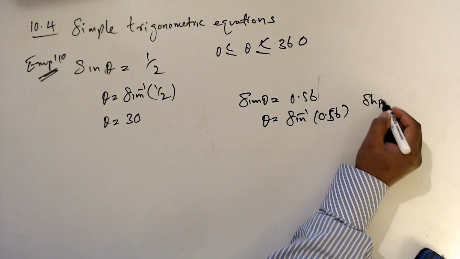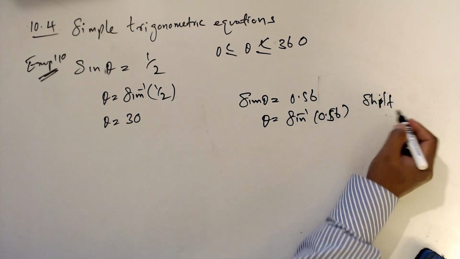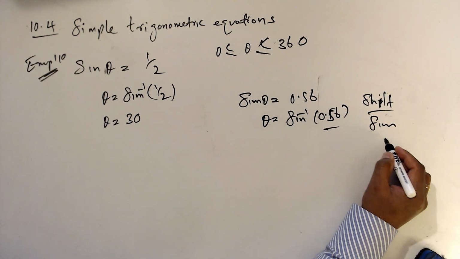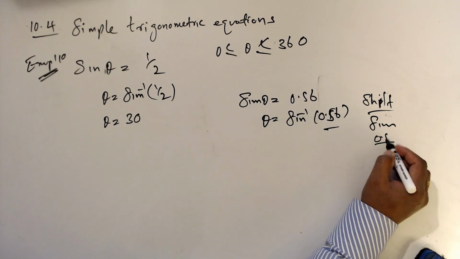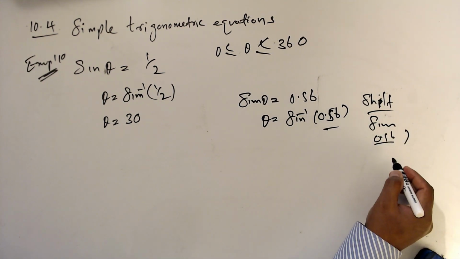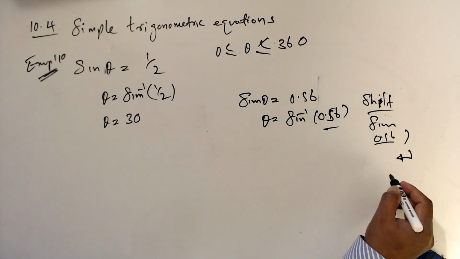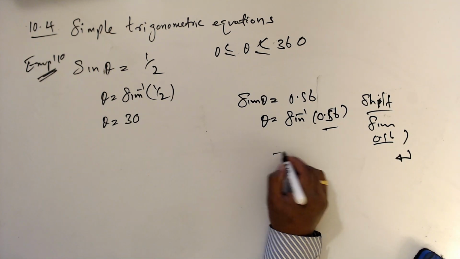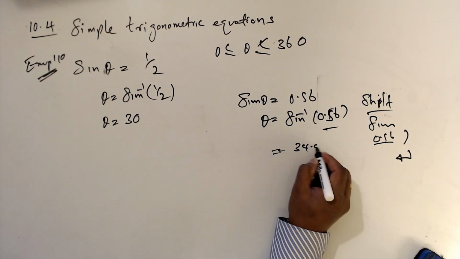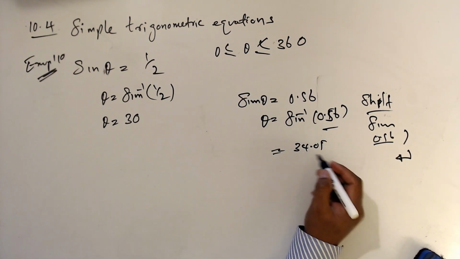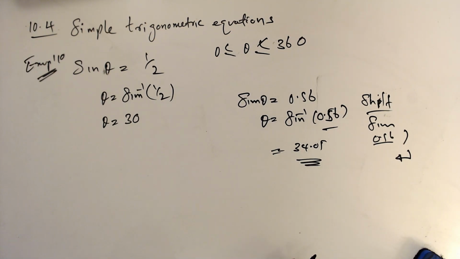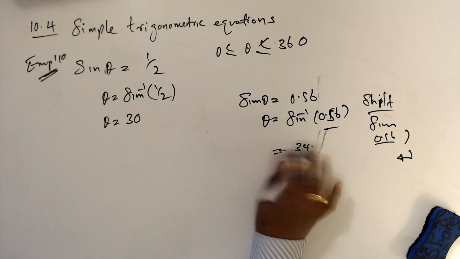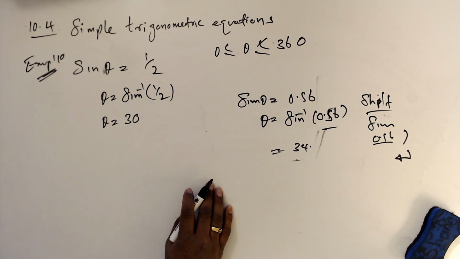In the calculator, press shift, then sine, then this angle 0.56, close the bracket and press enter, and then you can see the angle is approximately 34.05. Let's say 34. That's how you find it. So this is the first one.